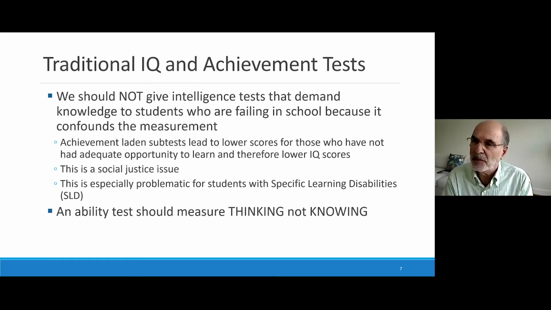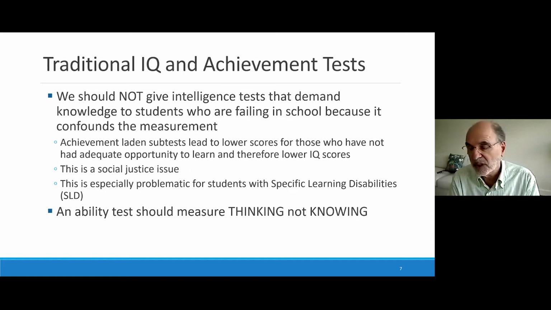So we think they're less smart because they don't have the knowledge to answer the vocabulary questions. Or in the Woodcock-Johnson, even phonemic, phonological skills, or academics like math. These kinds of issues are the fundamental weakness in our traditional intelligence tests. Not the only weakness, but a fundamental weakness.